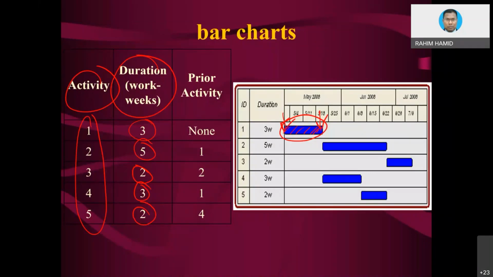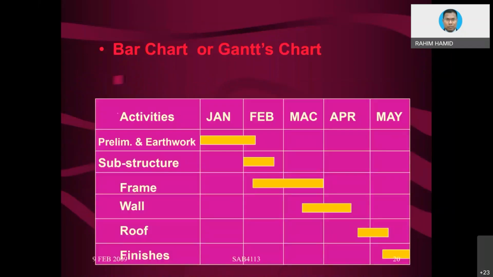So people can understand. For example, again, a list of activity names, and then you draw the bar. This is what we call the bar chart or Gantt chart. Mostly, scheduling bar charts are horizontal. The bar charts we normally draw in Excel for many other things normally reflect quantity.